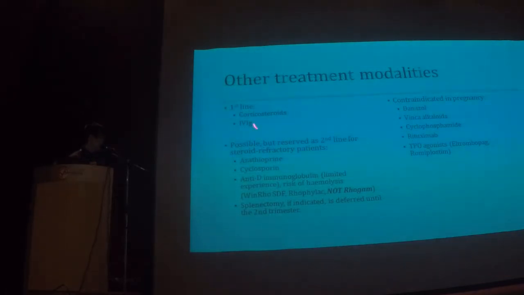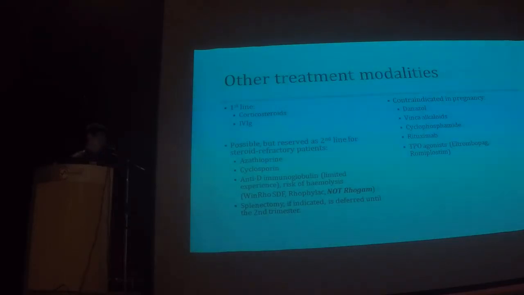Okay, so other modalities, yes, possible. There are second lines. We can use azathioprine and cyclosporin, generally safe in pregnancy. Anti-D can be used in Rh positive patients. Don't use the unapproved brand, it doesn't have approval for that, but these are the two brands available in Malaysia that you can use. It actually causes hemolysis, so it keeps the spleen busy eating red cells so that it doesn't eat up the platelets.